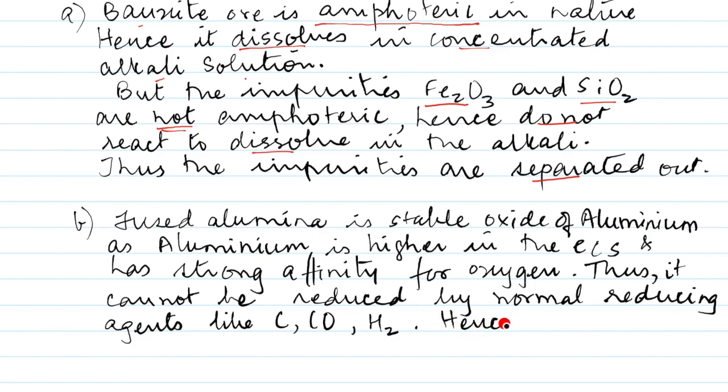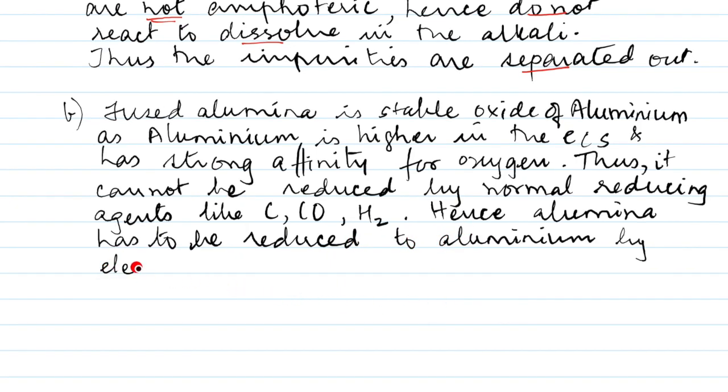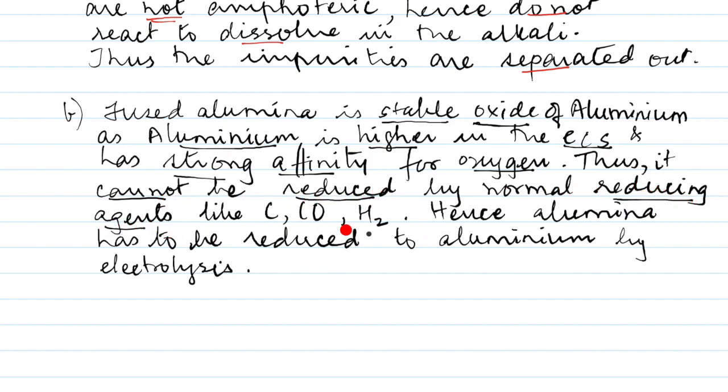Hence, alumina has to be reduced to aluminium by electrolysis. Okay, so mark the keywords: stable oxide, because aluminium higher in the activity series, strong affinity for oxygen, cannot be reduced by reducing agents, therefore by electrolysis.